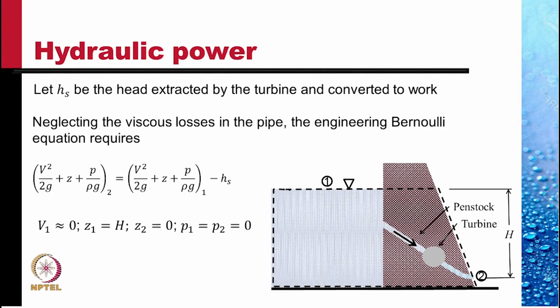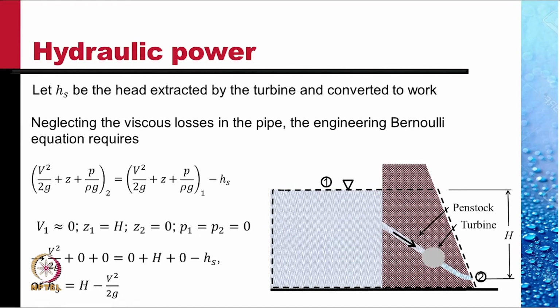Let the velocity at point 2 be V. So the first term V square by 2G at the exit is V square by 2G. Z is 0, pressure is 0, that equals velocity 0 at point 1, the elevation capital H at point 1, the pressure is 0 at point 1 minus Hs, the head extracted.